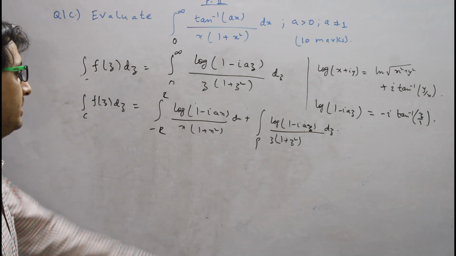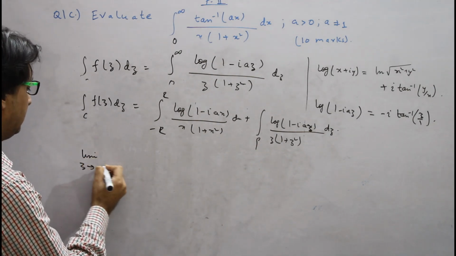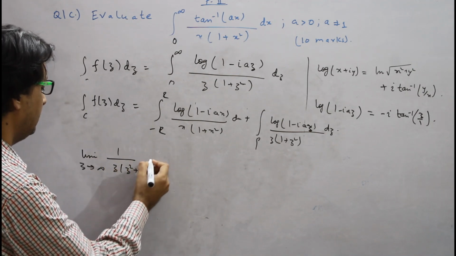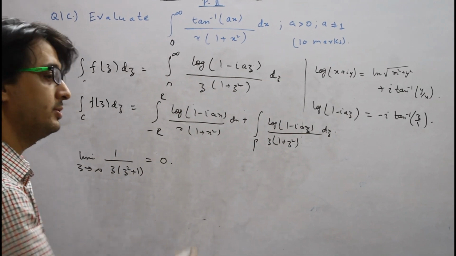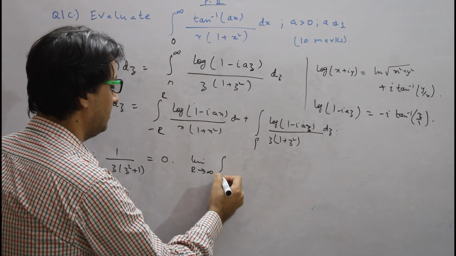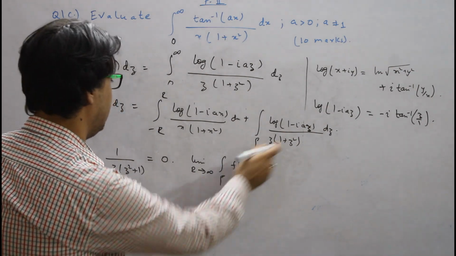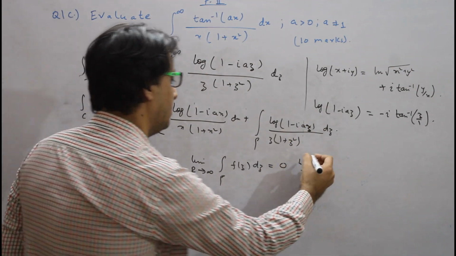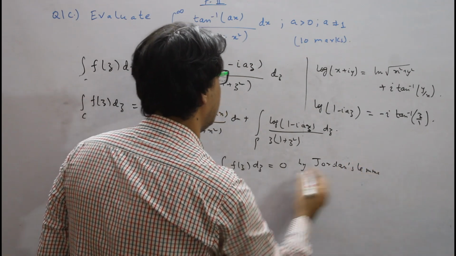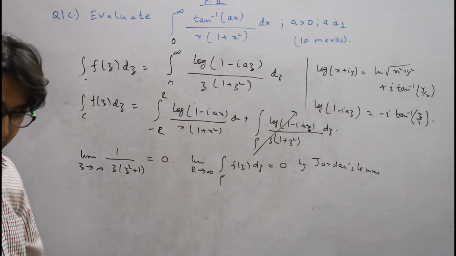You can see that the limit as z tends to infinity of 1 by (z squared plus 1) gives us 0. So we can say that the limit as r tends to infinity of the integral of f(z) dz over this contour is equal to 0 by Jordan's lemma. So this one is nullified. All we have to find out is this one.